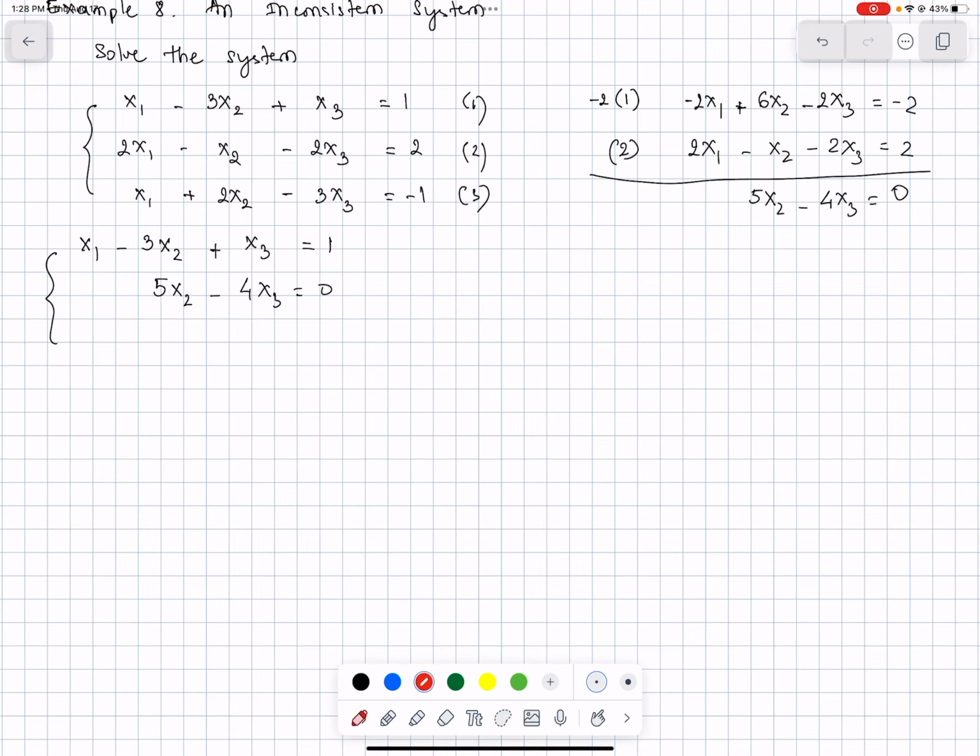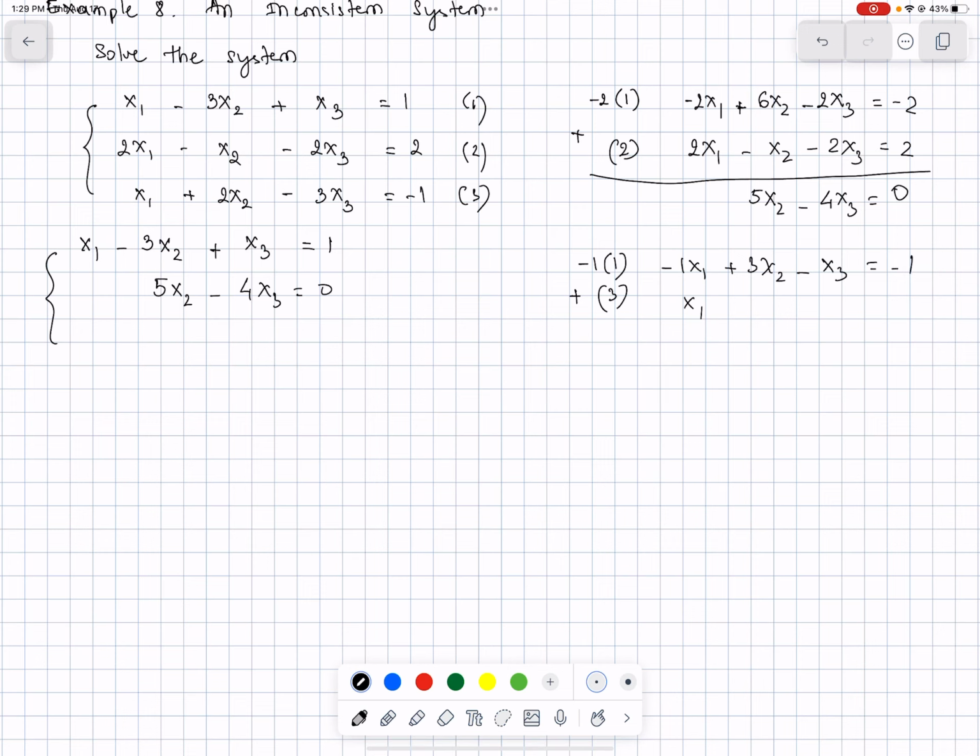And then we want to eliminate this x. We will use the first equation. All we need to do is multiply by -1 for the first equation, and then add them up. So -1 for the first equation, and then add equation number 3. The first equation will become -1x1 plus 3x2 minus x3 equal -1.